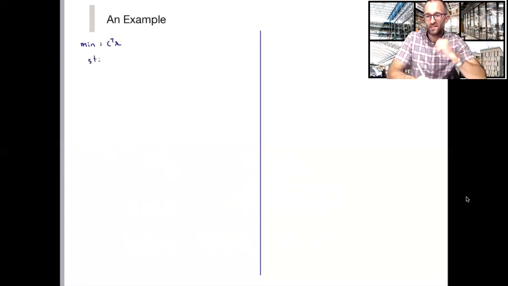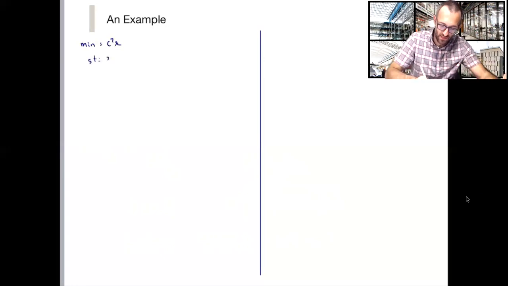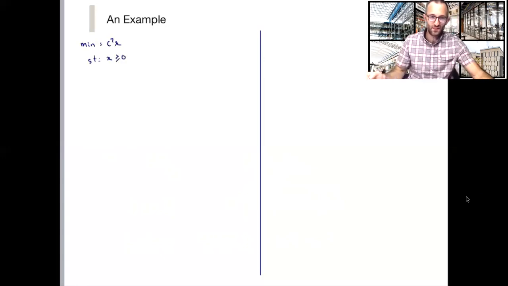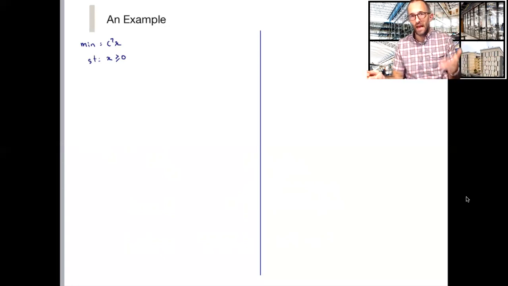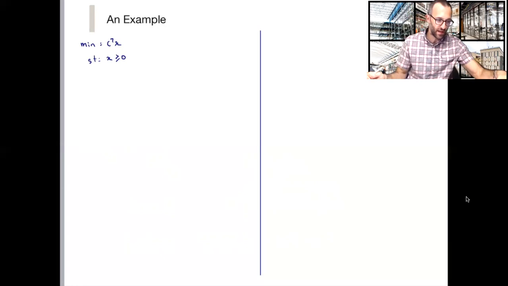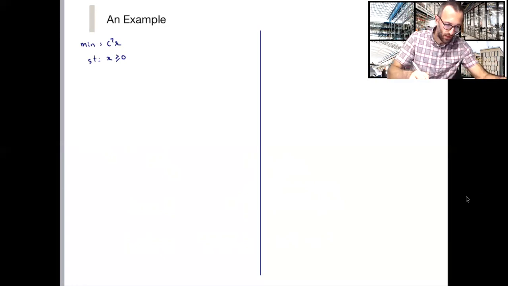I want to minimize a scalar c transpose x, or just c times x, subject to x greater than or equal to 0. Now, let's at least carry through the agenda for this simple setting where we don't have to resort to Newton's method. We actually can calculate ft at every time. So what do we have?